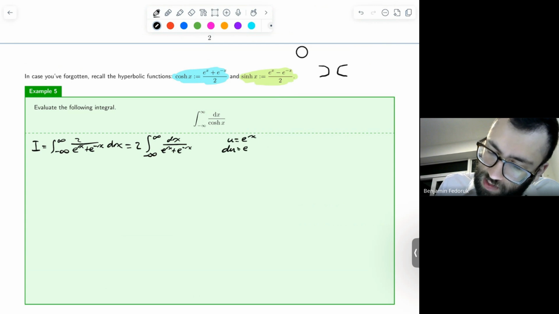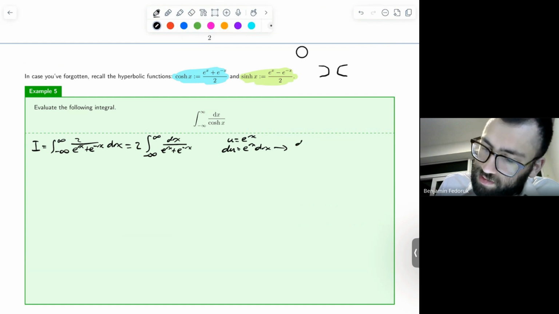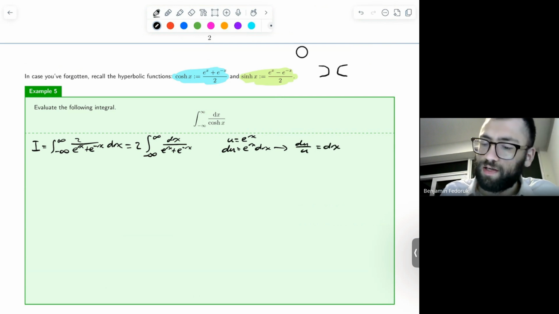Then du is going to equal e to the x dx. So let's write it as du over u equals dx, since we know that u is equal to e to the x.